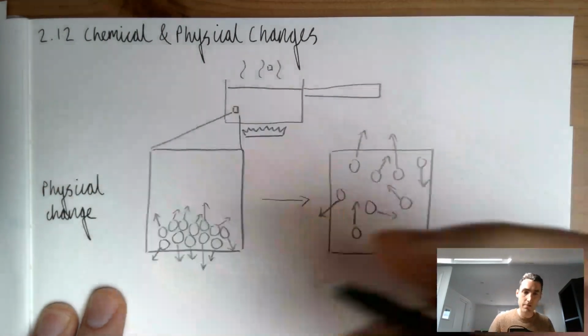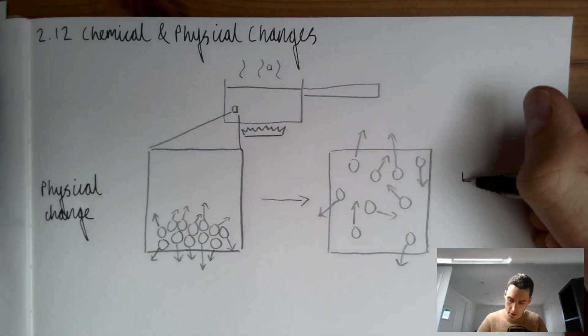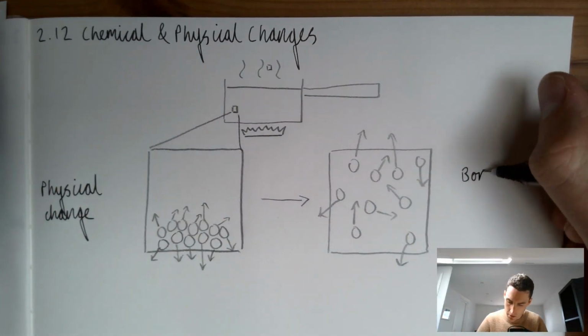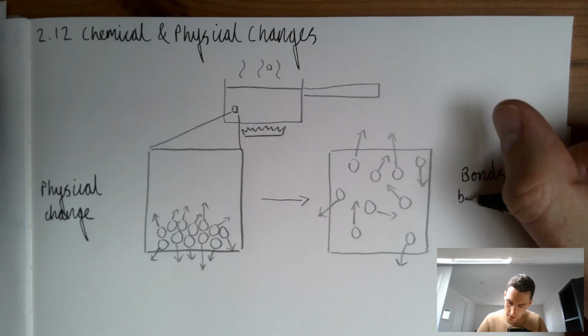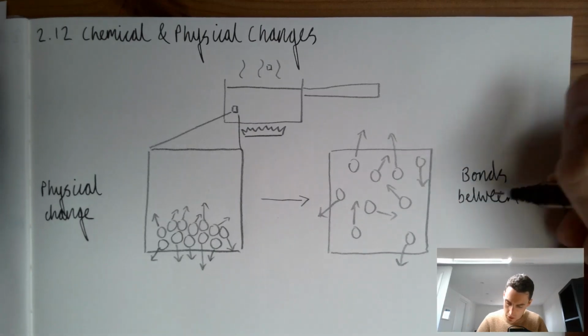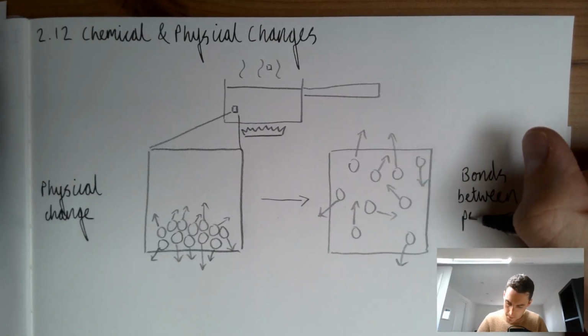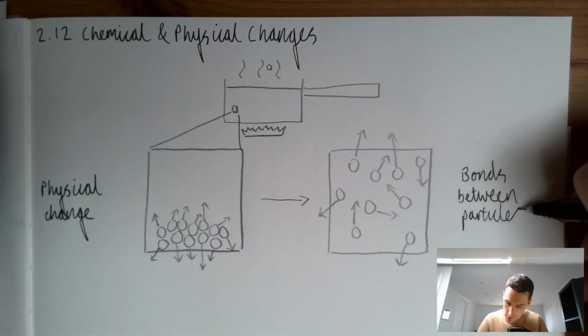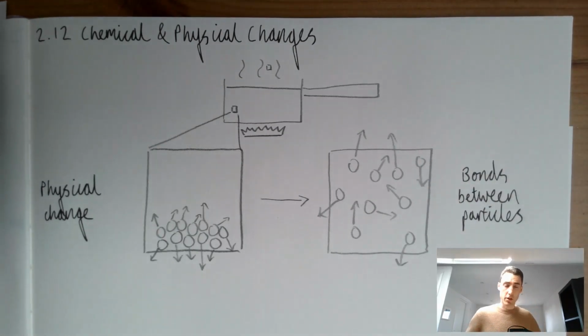What changes in a physical change is the bonds between particles. Now again, you may choose not to write this down if you think you've got a group that's going to remember it, because you're going to be asking them to remember this later.